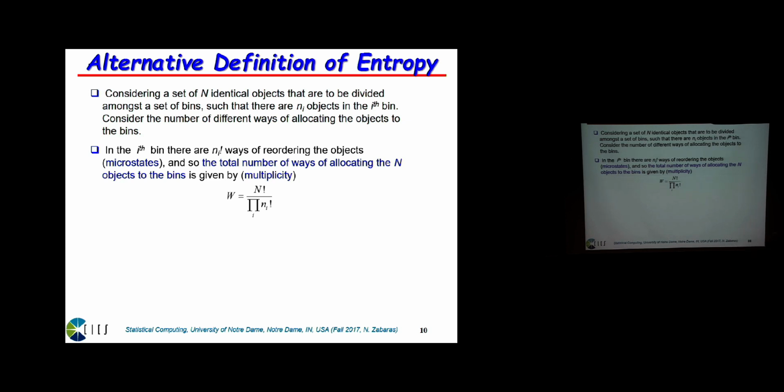So in bin i, the number of different arrangements that you can get is n_i factorial. So the physicists define entropy with the multiplicity of the different microstates that you can get. And that is defined by n factorial divided by the product of these arrangements in each bin, which is n_i factorial. I am not going to do the algebra, right?